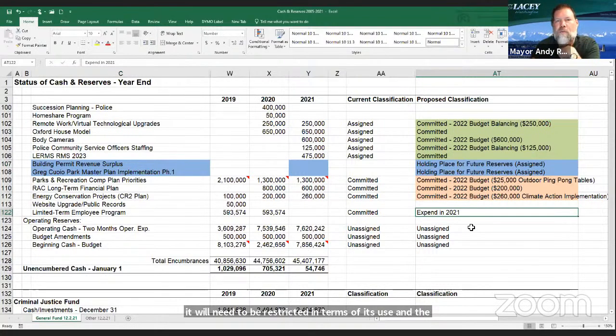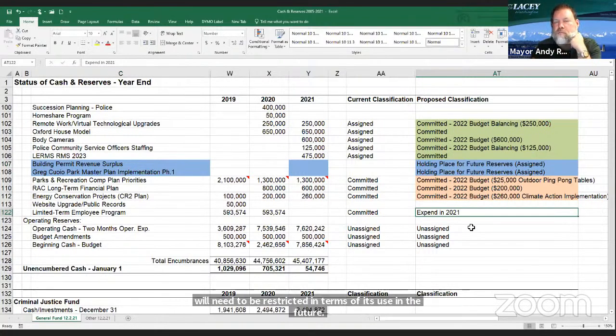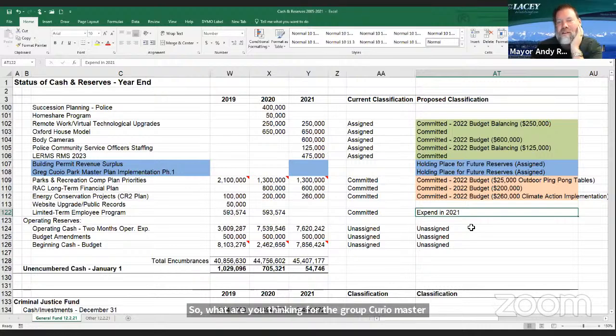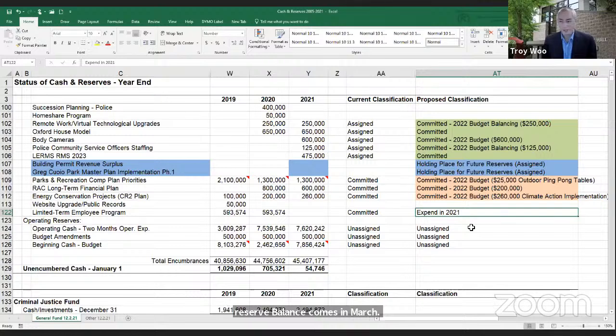So what are you thinking for the Great Cuyo master plan? I mean, it's blank. So are you thinking about filling in the number once the reserve balance comes in March? That, plus, as you know, the council continues its discussions with the community in terms of what the priorities are, I think it'll self-identify. So yeah, obviously we need to have reserves available.